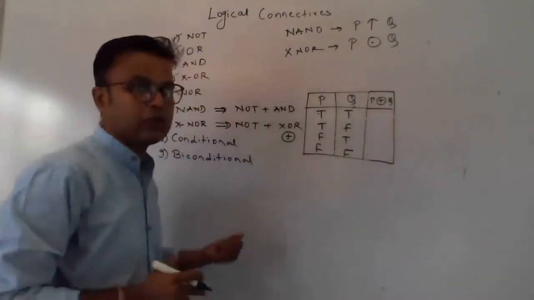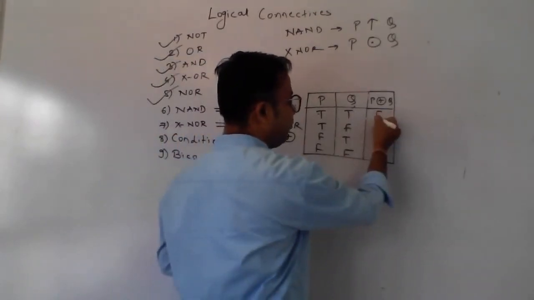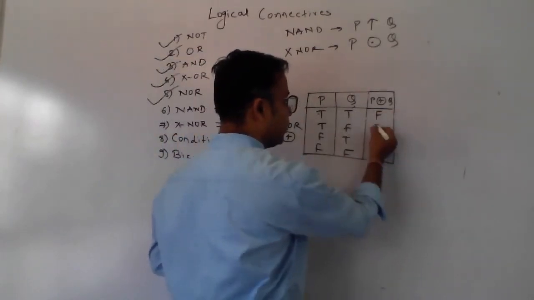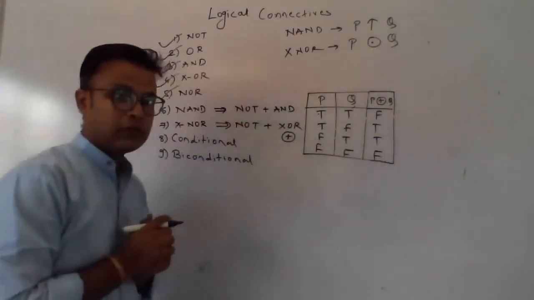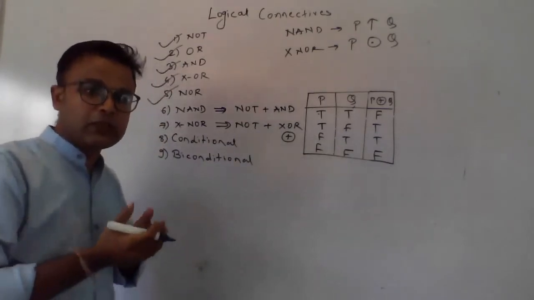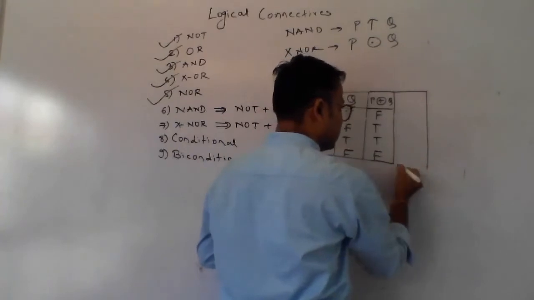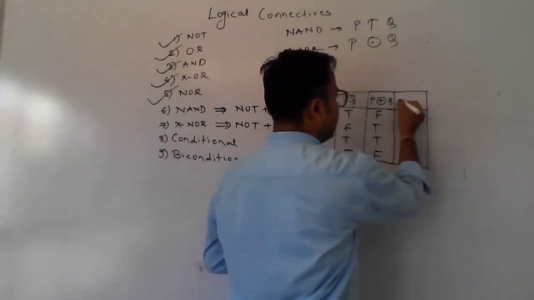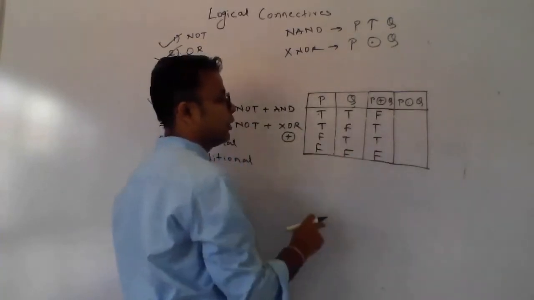We know that whenever both the operands are the same, it is F, otherwise it is T. So it is F T T F. This is your XOR. But what we want is XNOR. So for P XNOR Q, the negation of XOR is nothing but XNOR.